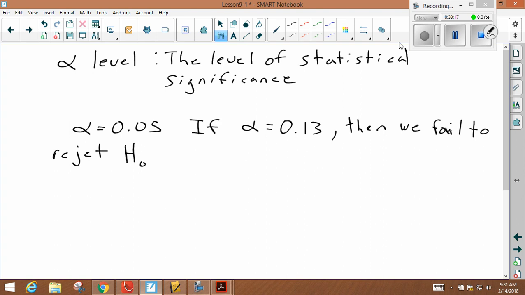In other words, if we got that value, we would say it's not rare enough that this certain statistic would occur, that we would say that it couldn't have happened just by chance.